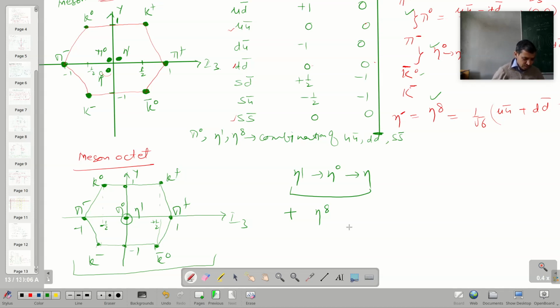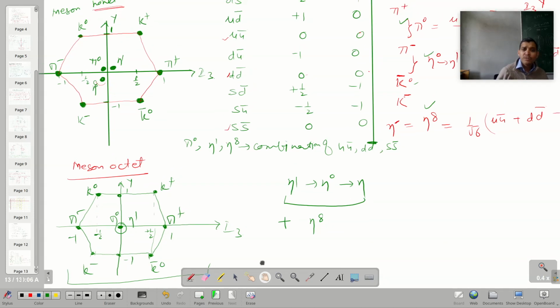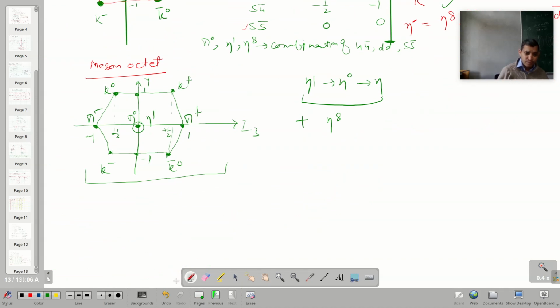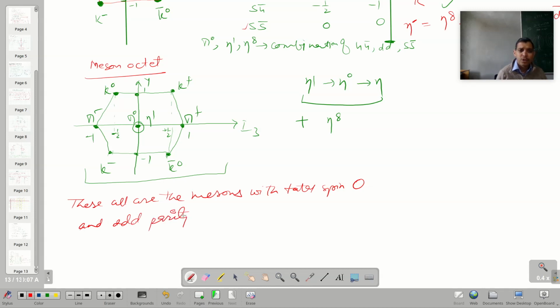So this is the meson octet. Now, these mesons about which I have talked here are all mesons with total spin 0 and odd parity, that is J^P is equal to 0 minus.